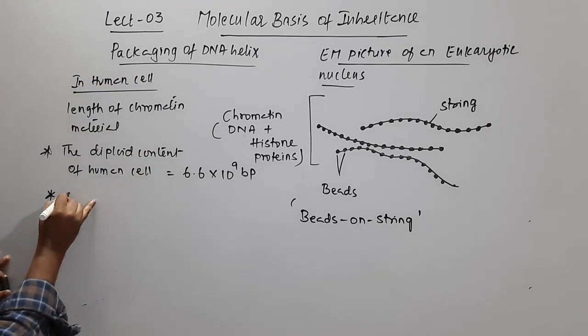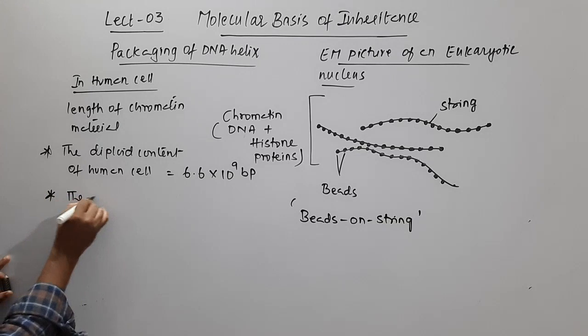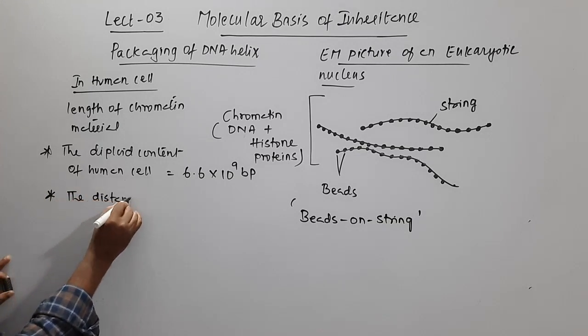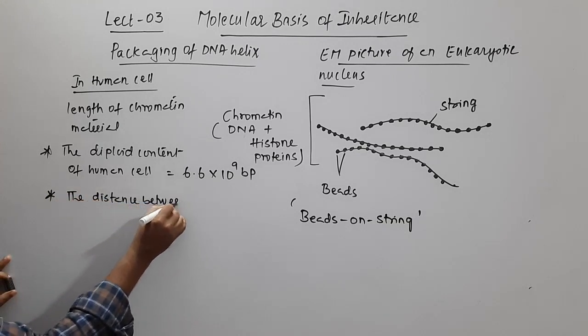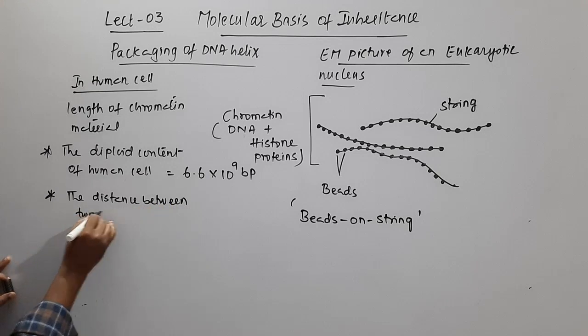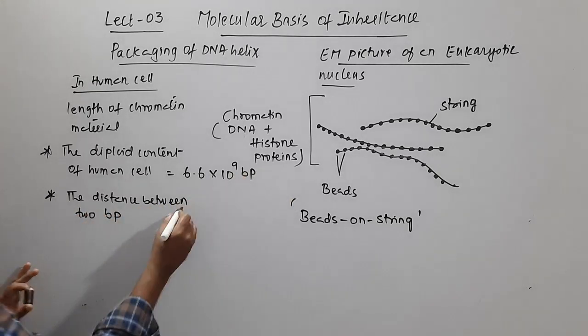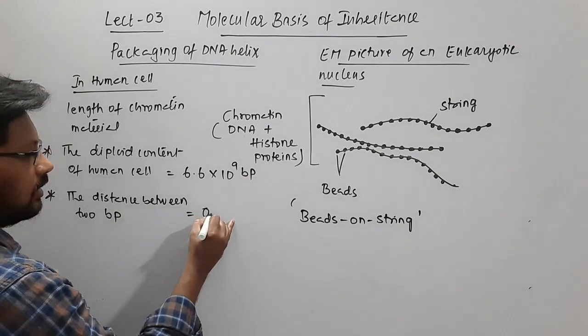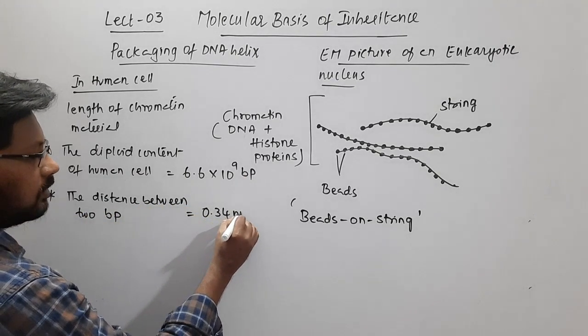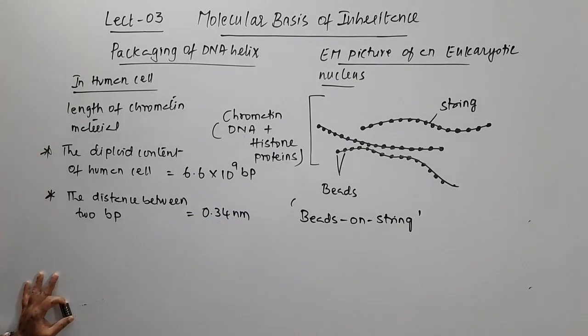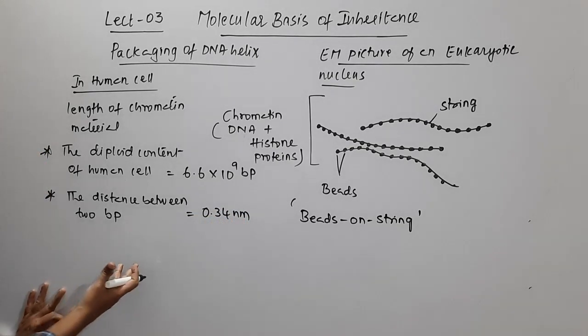And next we need to know the distance between two base pairs, which is 0.34 nanometers. Right, now I'm going to calculate the total length of the chromatin material in meter.